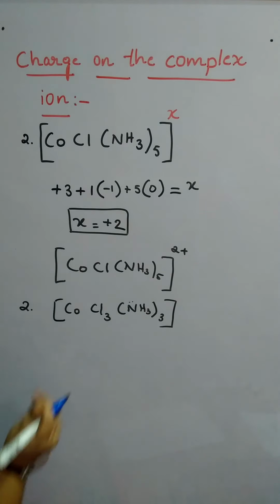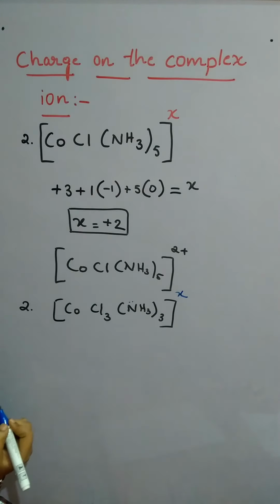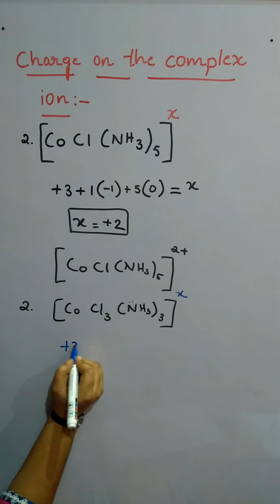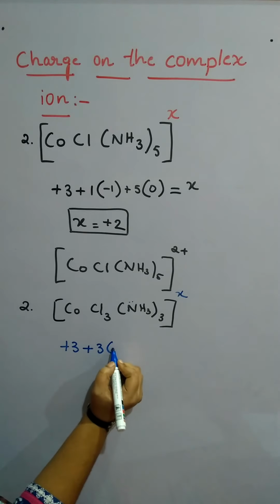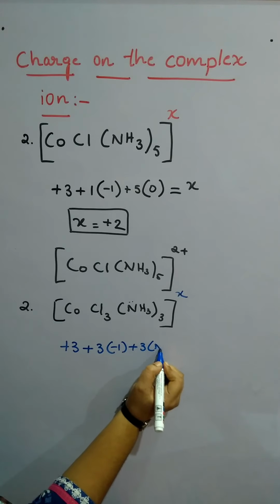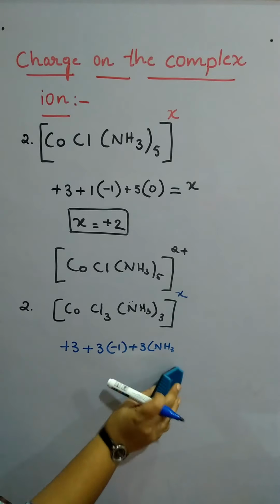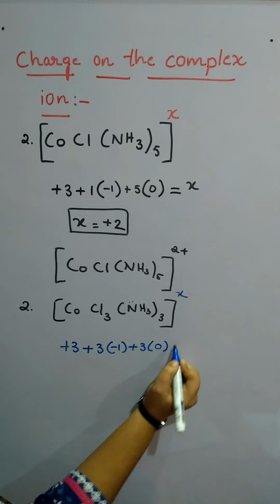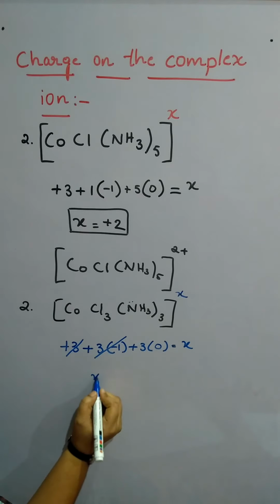So we shall calculate the charge on the complex now. We know the charge on the complex, we are going to take that as X here. So cobalt is +3, plus 3 chlorine, each chlorine with -1 charge, plus 3 ammonia, each one with 0 as the charge, equals X. +3 - 3 cancels.